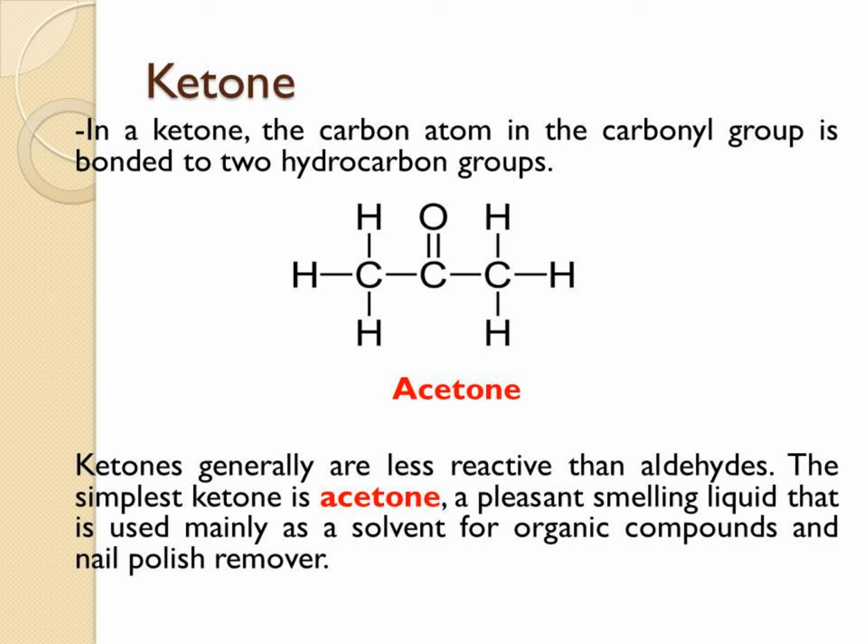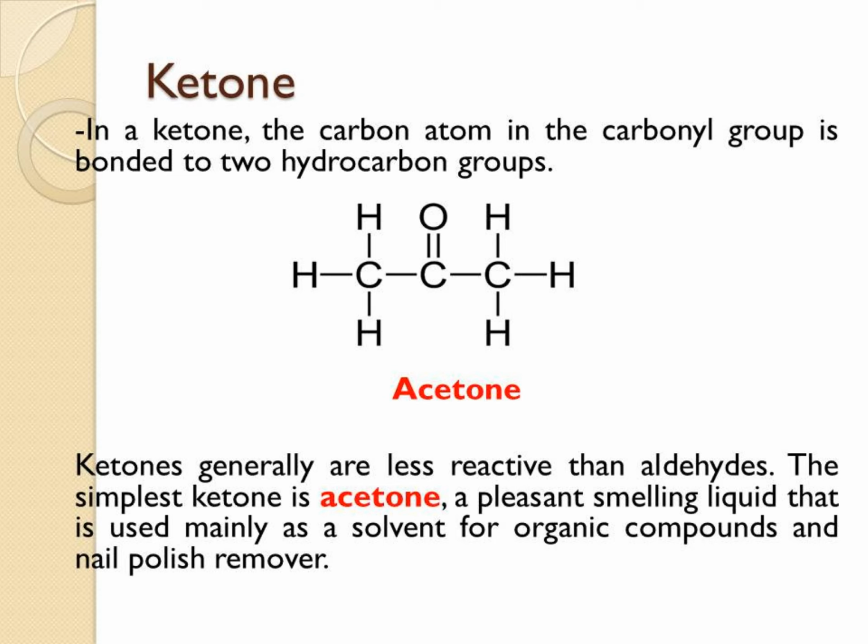Ketone. In a ketone, the carbon atom in the carbonyl group is bonded to 2 hydrocarbon groups. You can see the carbon double bonded to oxygen, and on each side we have a hydrocarbon group, and that is the methyl group.